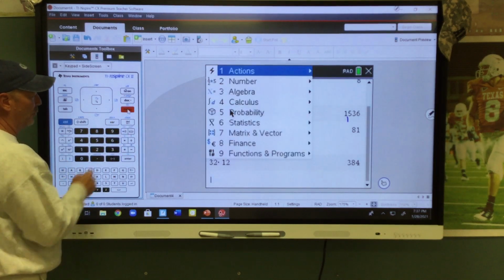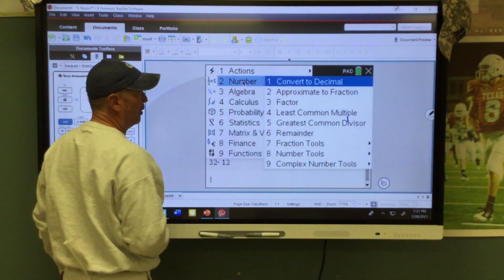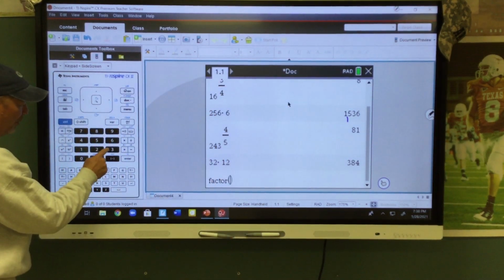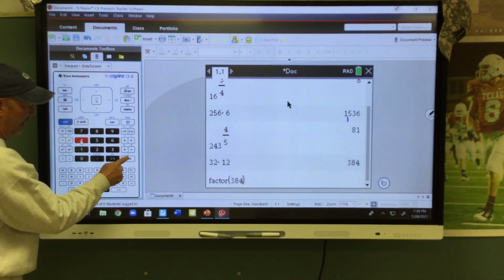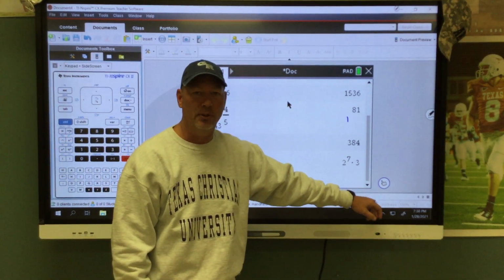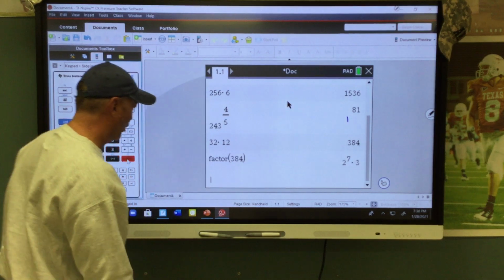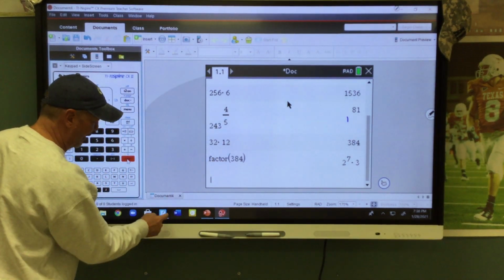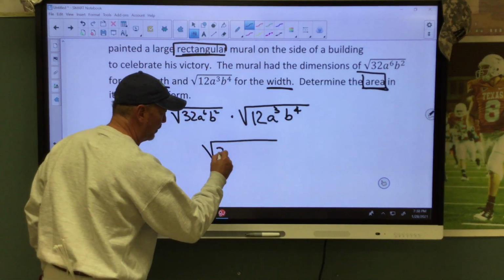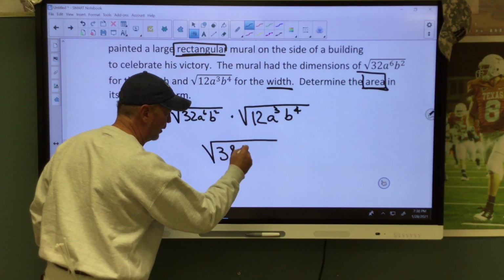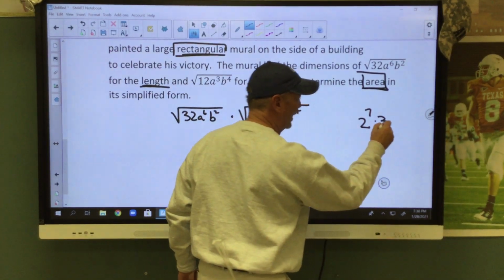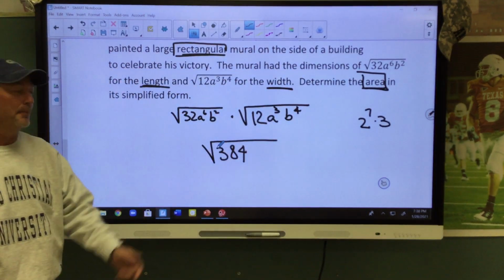We're going to say menu, number, factor, and we're going to say 384. That's our number, 384, and we hit enter. That gives me 2 to the 7th times 3. So 384 is 2 to the 7th times 3. Don't forget that, we're going to need that.